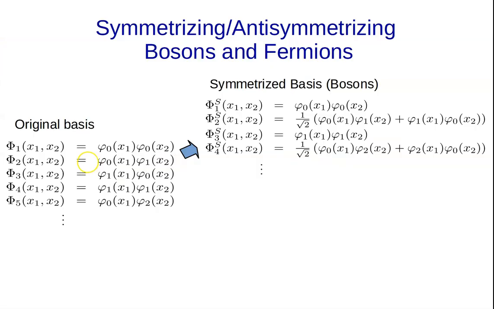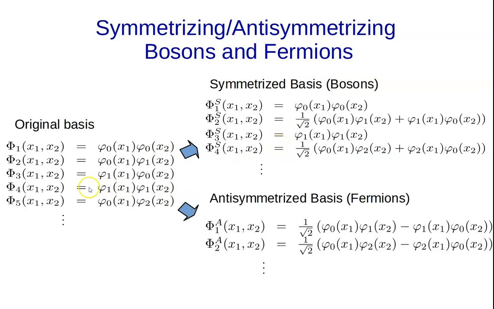All right, let's go back to the slide here. So I can do that with all these basis states here, right? 0, 0, 1, 0. So these two I have to combine into one. This one remains, and so on. For fermions, this one is not allowed. Why?